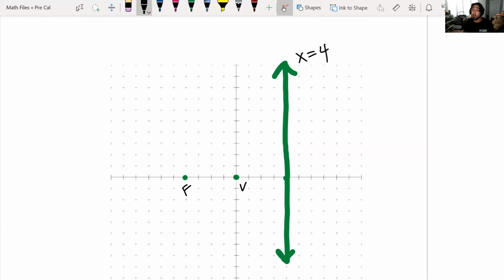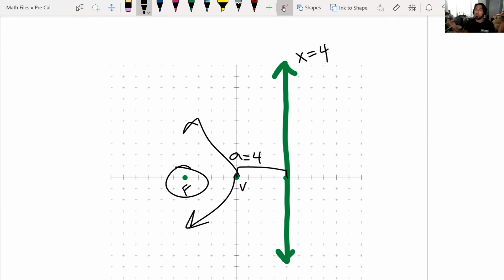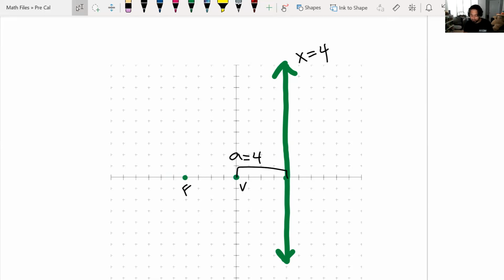Which means, again, we have found the value of a. From vertex to directrix, we get 4. a is 4. Okay. Let's go write down our important information. Also, look at the placement of the focus. The focus is to the left of the vertex, which means we're opening left. Okay.